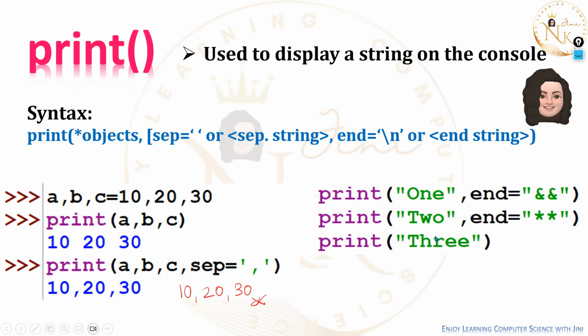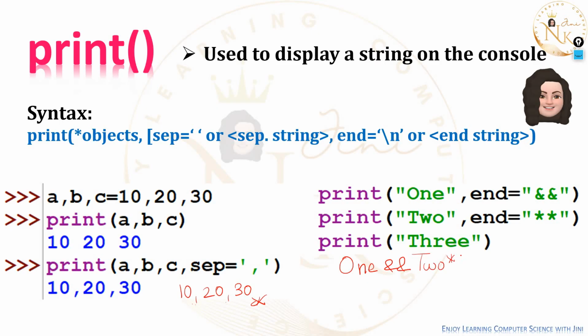Okay. Now you can see print(1, end='&'), print(2, end='*'). When the first line is executed, it will print 1. And what is end? Ampersand. And your cursor will remain here, because end is equal to ampersand, it will not go to the next line. Next print statement 2.